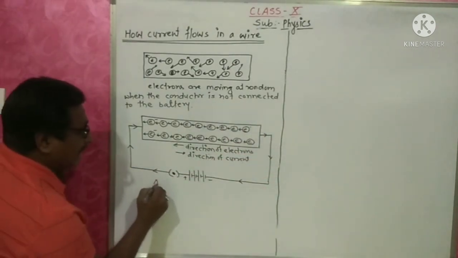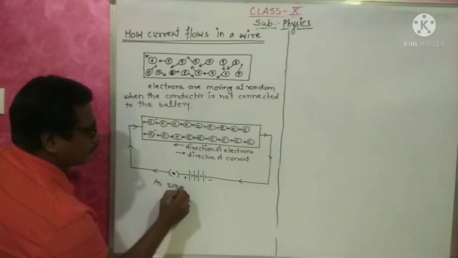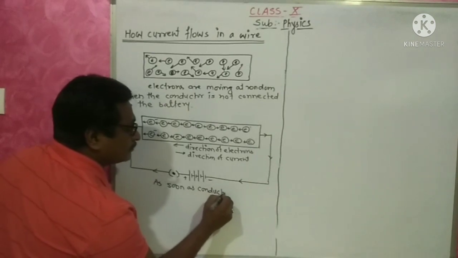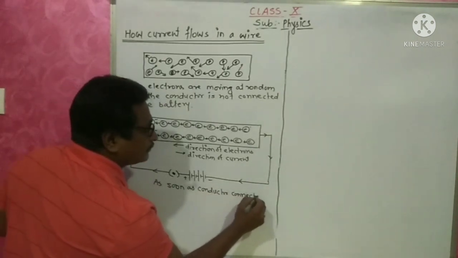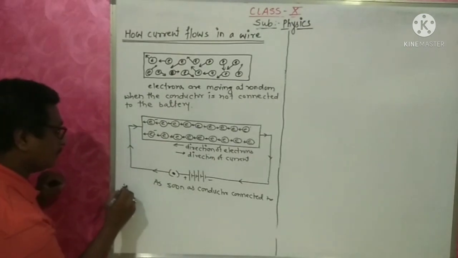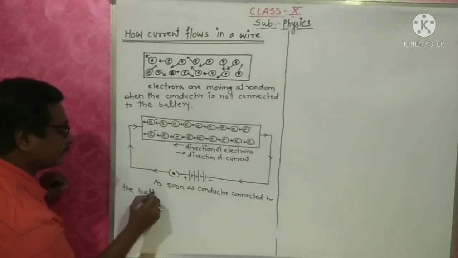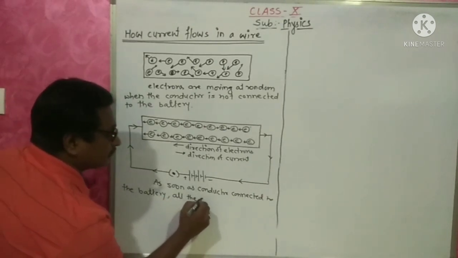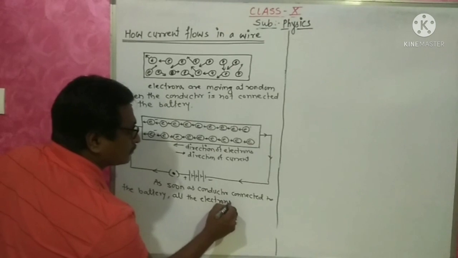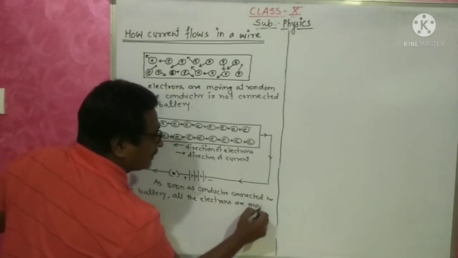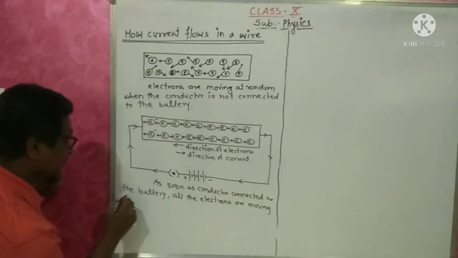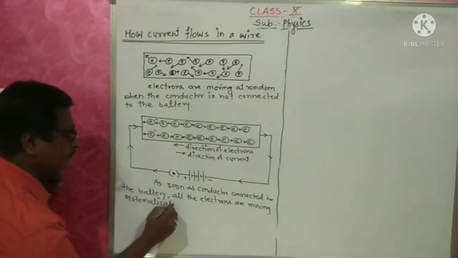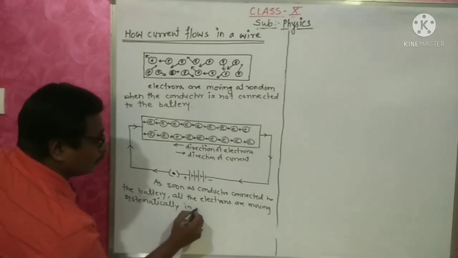As soon as the conductor is connected to the battery, all the electrons move systematically in one direction.